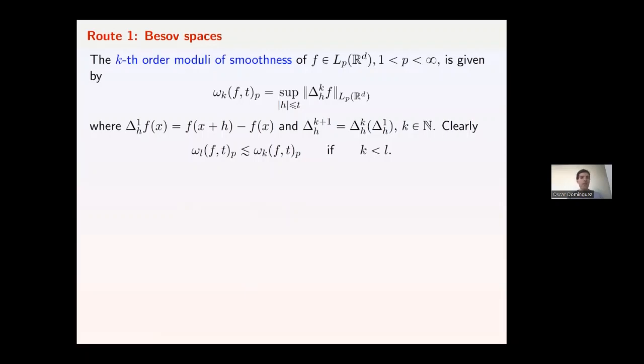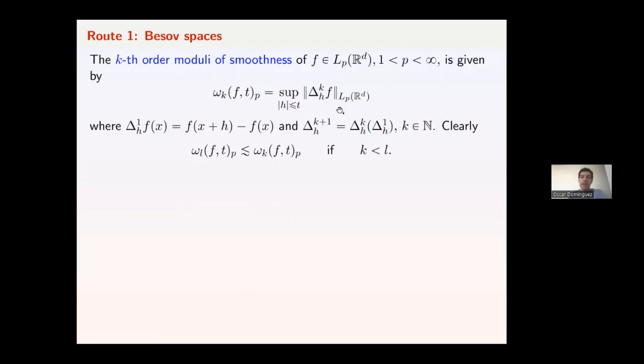There are several ways to introduce Besov spaces in the literature, but in this talk, I'm interested in dealing with Besov spaces given in terms of moduli of smoothness. So given k a natural number, we denote by omega_k(f,t)_p the kth order modulus of smoothness of a p-integrable function f.